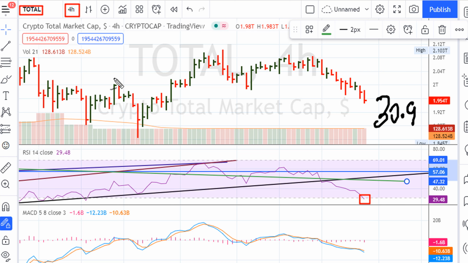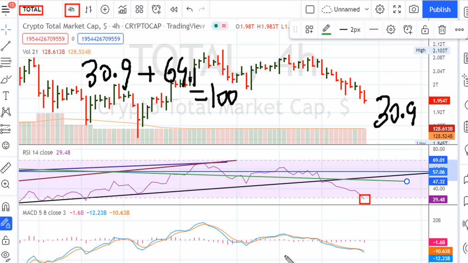And of course, as we've established, 30.9 is the exact opposite of RSI 69.1. So all of these levels, if you understand them, can help you paint a picture in your mind as to what you can expect.